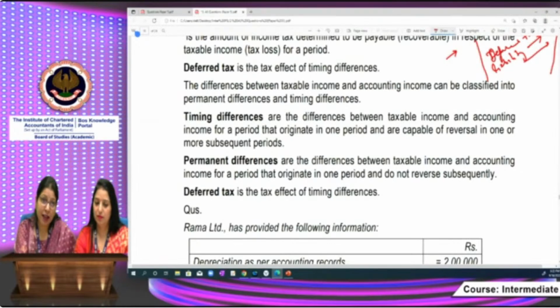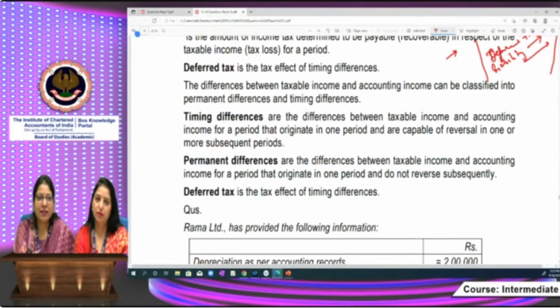What is a permanent difference? Suppose I have paid some penalty to the income tax authorities due to late payment of taxes. That payment is never allowed as a deduction under the tax laws, but while calculating my accounting income, I can show it as an expense in my books of accounts.